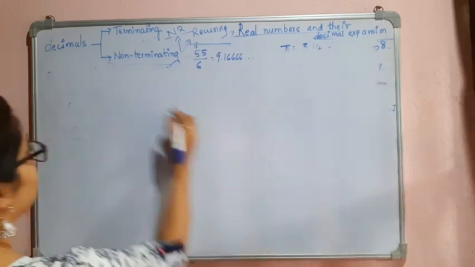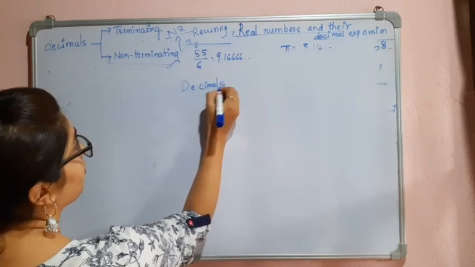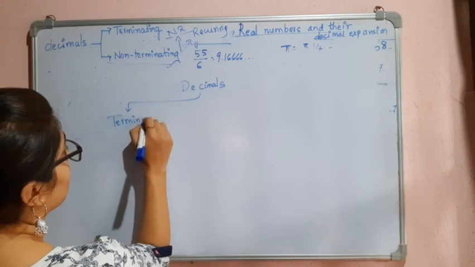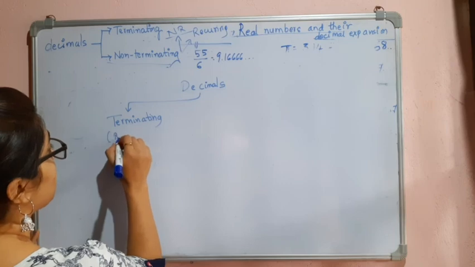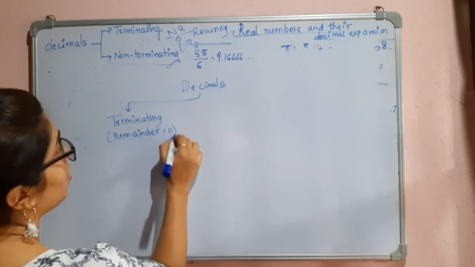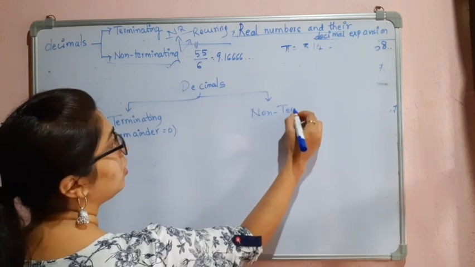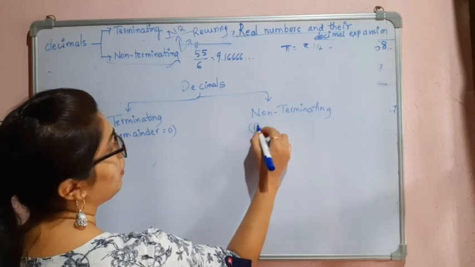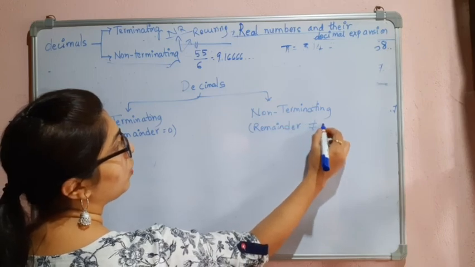So finally, write down the flow chart. Decimals. In this you have terminating, that means the remainder is equal to 0, and then you have non-terminating, where the remainder is not equal to 0.